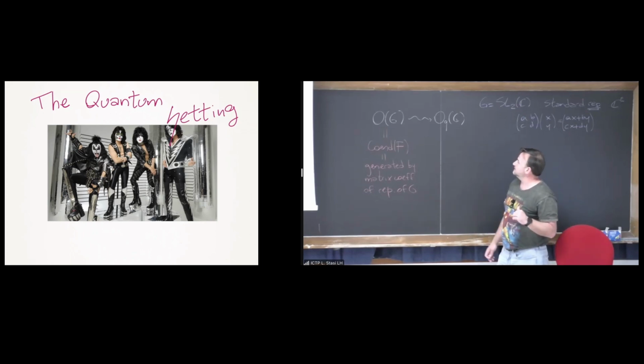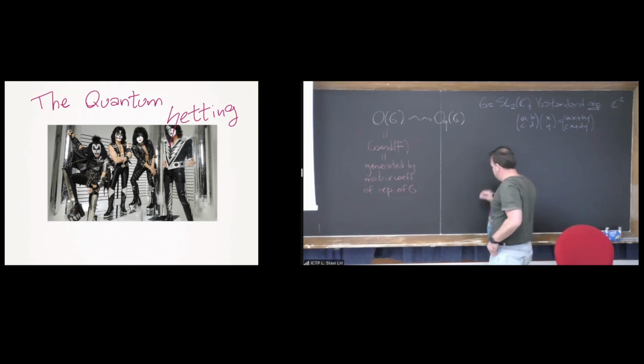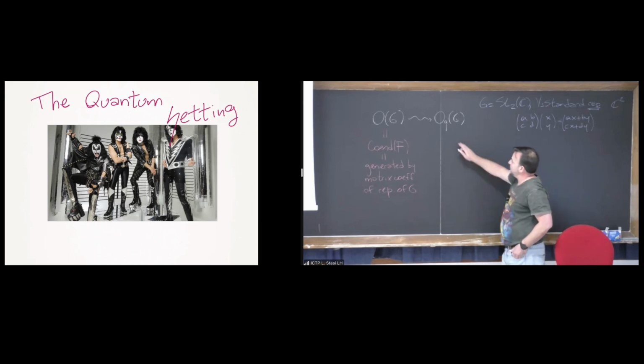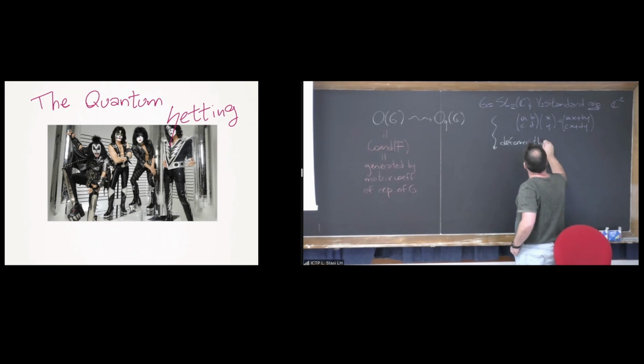So how do we quantize something? This is the standard representation, let's call it V. One way to get something quantum is to deform the representation and then take matrix coefficients.